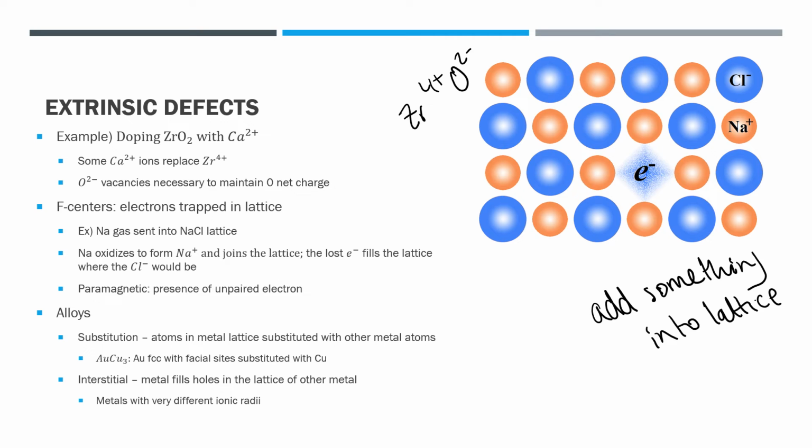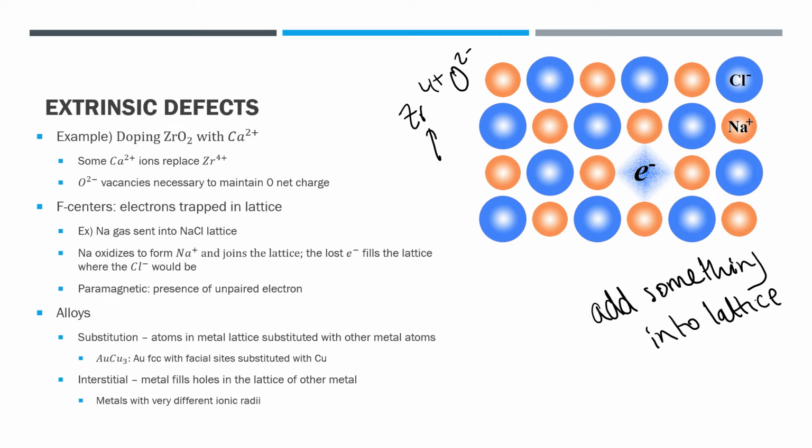But to keep it neutral, right, we need to remove some oxygens, because it's going to be negative if I replace a zirconium 4+ with a less highly charged cation, right? So basically, we're going to have O2- vacancies, these oxide ion vacancies that are necessary to maintain this zero net charge, and that's caused by this extrinsic defect of me doping zirconium 4+ with calcium 2+.